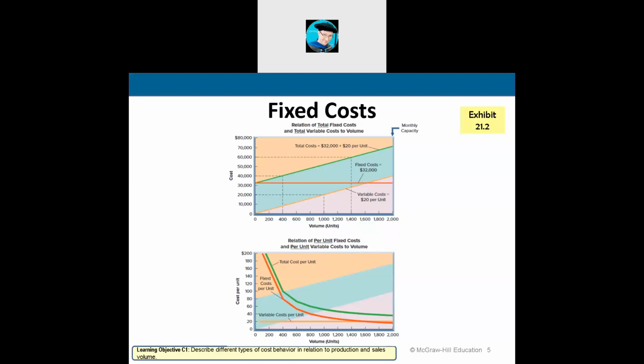Variable costs change with the level of output. What do I mean? Well, if I manufacture 10,000 units versus 2,000 units, I've got more direct materials, more direct labor, more factory overhead, more electricity bill, more etc., right?